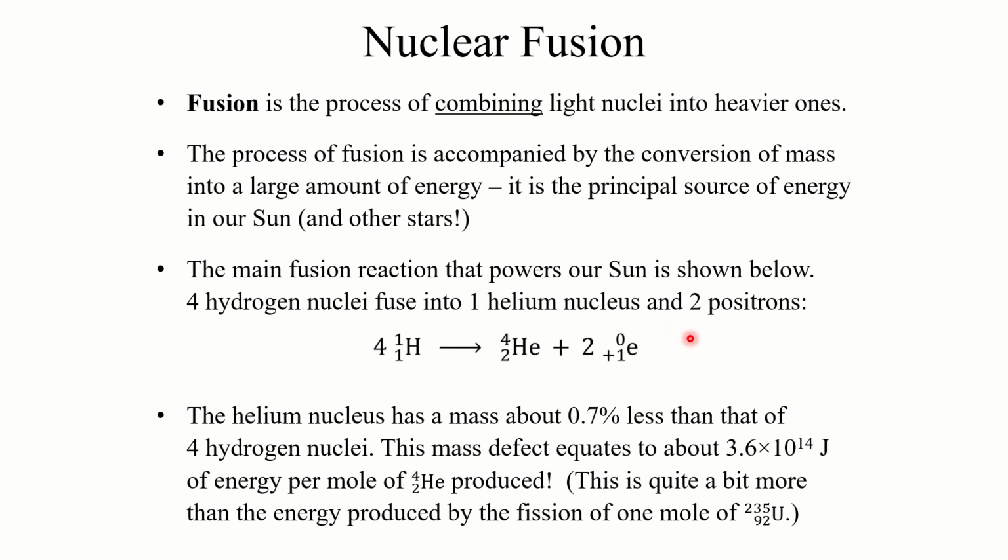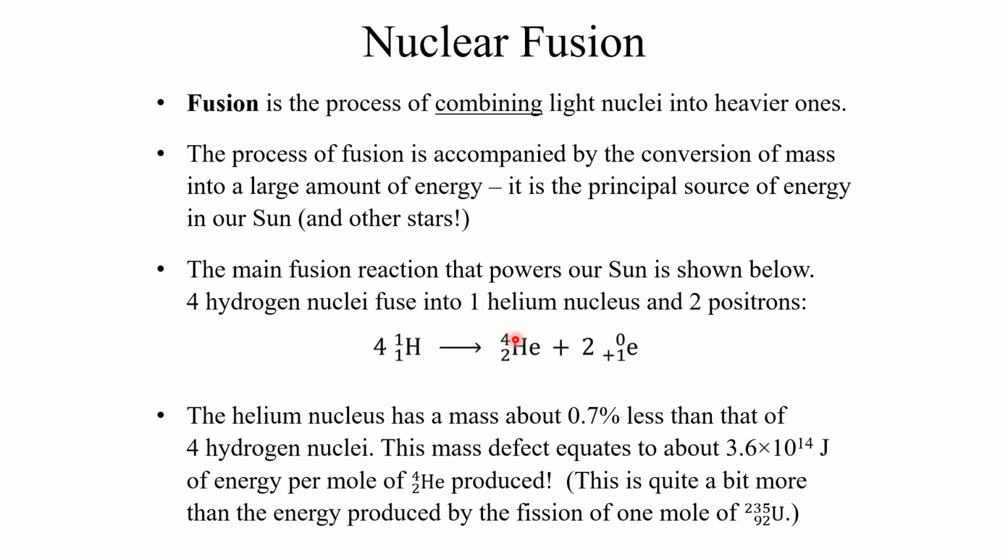The helium nucleus has a mass that's about 0.7% less than 4 hydrogen nuclei. This mass defect equates to about 3.6 times 10 to the 14th joules of energy per mole of helium produced. So the fusion process is a lot more energy efficient than the fission process.